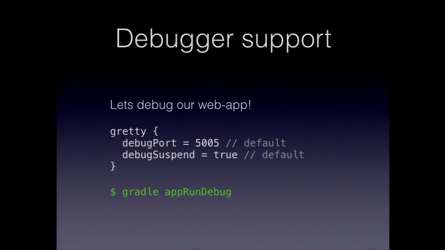And debug suspend is necessary because sometimes you want your web application to be started in suspended mode and debug its initialization sequence. And sometimes you are absolutely not interested in this. You want to debug something that happens much later, say some methods in controllers. Then you certainly should turn off debug suspend mode.